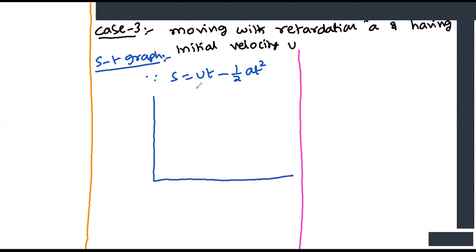Same as before, ut I'll consider as S naught. This is the time axis. When t equals 0, what is the value of S? S naught. That means we'll have the coordinate here.